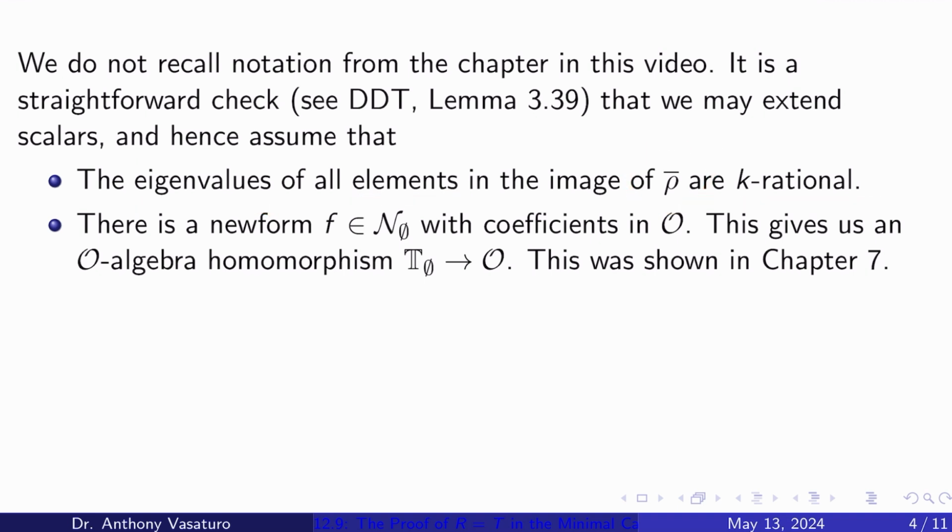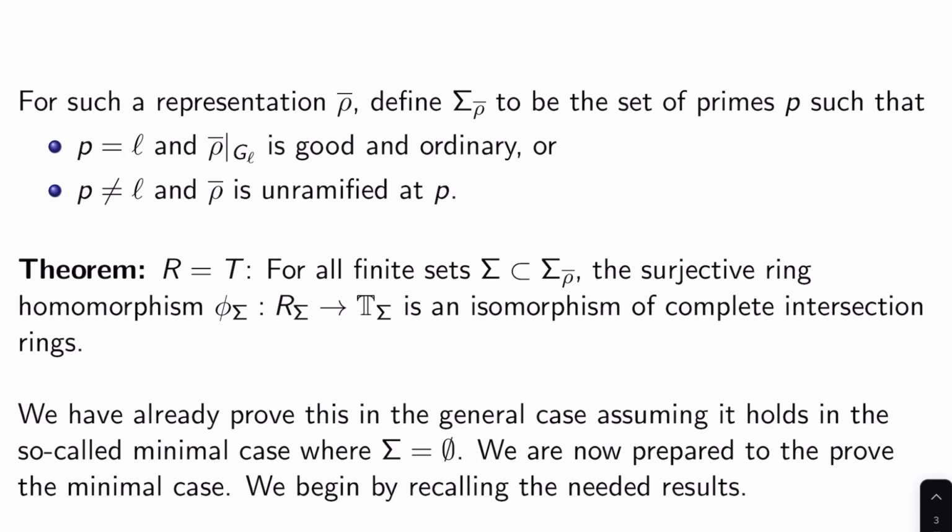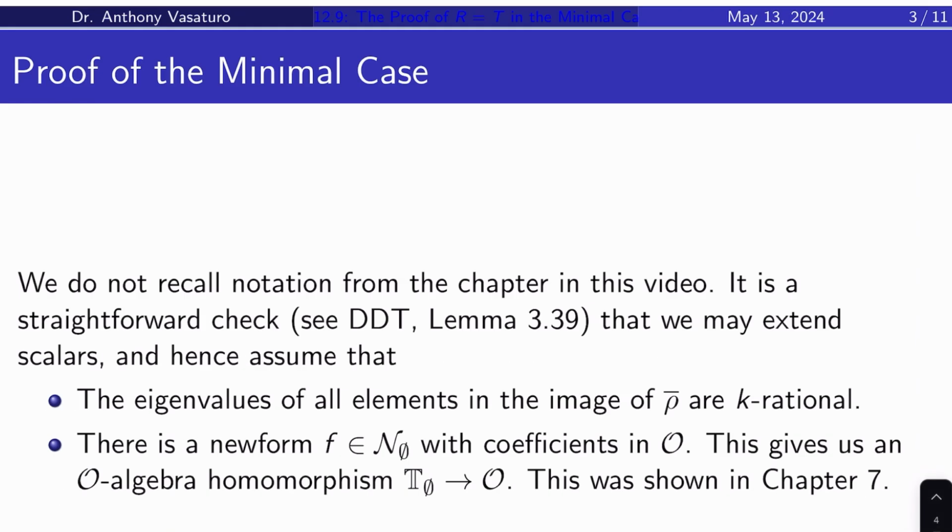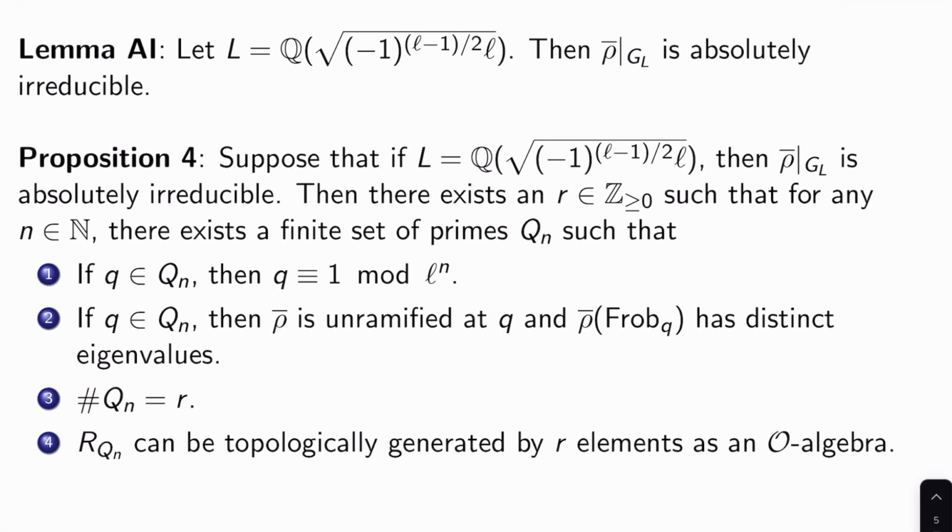And then you can also assume that there's a newform F, a type empty set modular deformation of rho bar with coefficients in O. This gives me an O algebra homomorphism from T empty set to O, because these are equivalent statements. The fact that you can assume that this newform exists was essentially covered in chapter 7. So we actually have a type empty set modular deformation, so this is not an empty ring or something. Okay, so let's recall all the results we need.